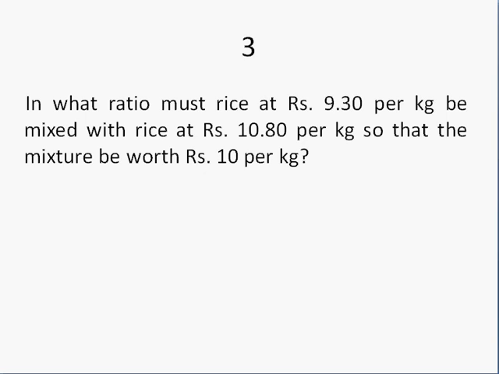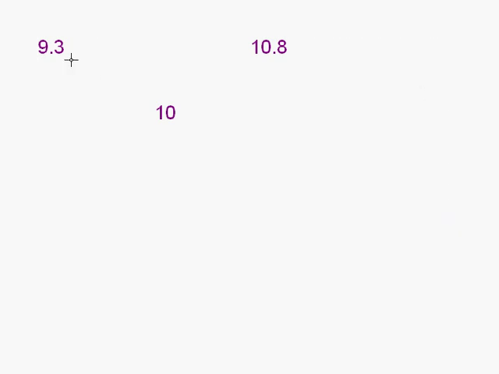So here also we can create the same rule of allegation chart. We'll write the values 9.3 here and 10.8 here, and the mixture will be 10, right? Now we can also mark some lines here like this, and over here also like this. Now we need to subtract. 10.8 minus 10 will be 0.8, and over here 10 minus 9.3 will be 0.7, right?